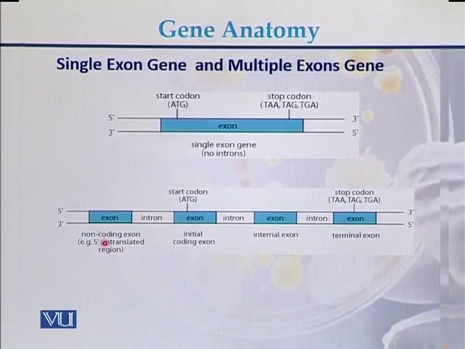While in multiple exon genes, we see exon, intron. So there are more than one exons. In eukaryotes there can be genes which consist of single exons, and genes which consist of more than one exon.